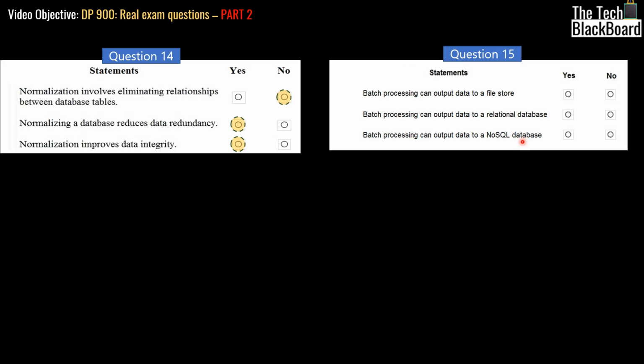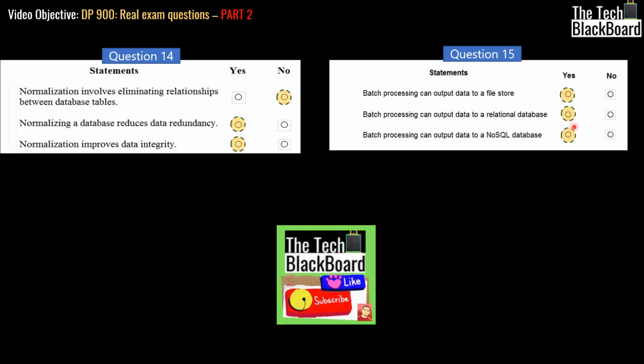And when I say that, batch processing can definitely output the data to a file store, a relational database, and NoSQL. So all these statements are yes. Keep in mind, batch processing can output data in so many formats and into so many data targets, and that's the reason all these statements are true.